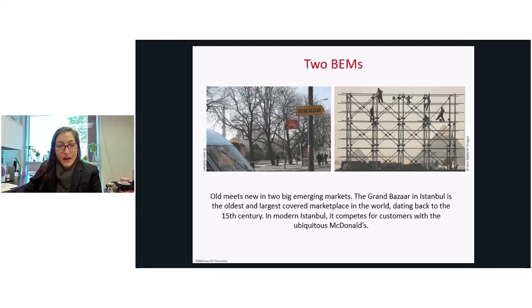Here we've got a graphic where the old meets the new in two big emerging markets. The Grand Bazaar in Istanbul is the oldest and largest covered marketplace in the world, dating back to the 15th century. But in modern Istanbul, the Grand Bazaar competes for customers with the ubiquitous McDonald's.